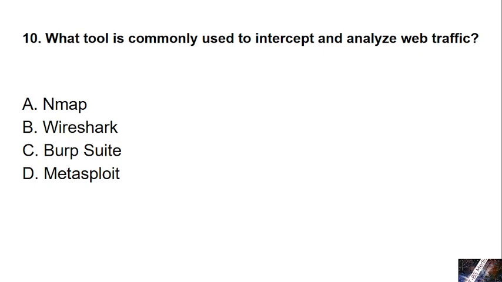It's not, but Burp Suite is what you can actually use to intercept and repeat when it comes to web traffic, not network traffic. So Wireshark is for network traffic. Burp Suite you use for web traffic. And Metasploit for creating payloads and things like that. So we move on to 11.